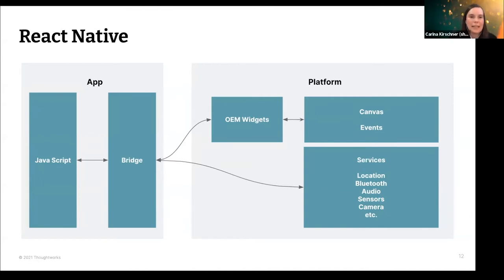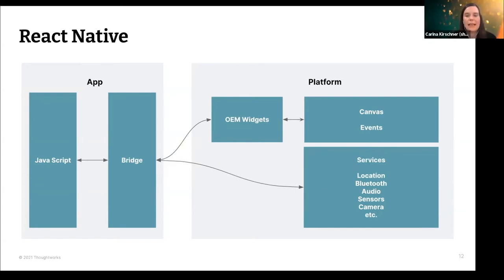This means that React Native is using the native elements of the platform to display the user interface. So for example, if you build a React Native application and run it on an iOS device, and you have a button, it will really be a UI button that is used.